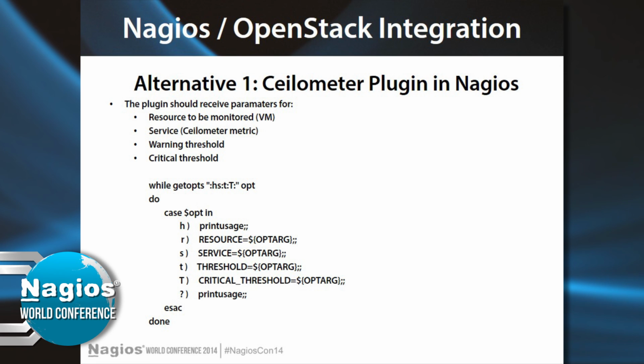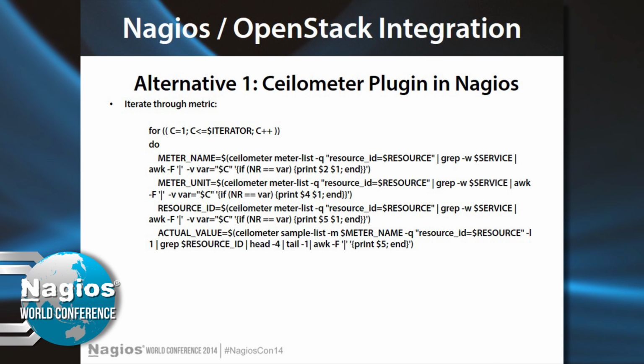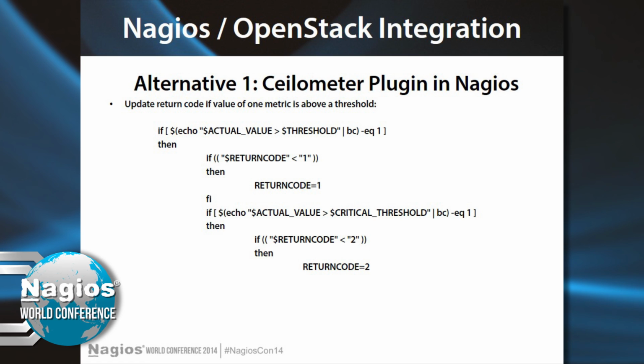In order to get the VM which should be monitored, we query the Nova API, and then we query the Ceilometer API to get the metric, and then we check the metric and we gather the return code according to the thresholds you set.